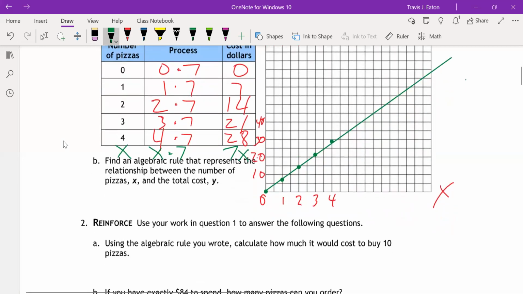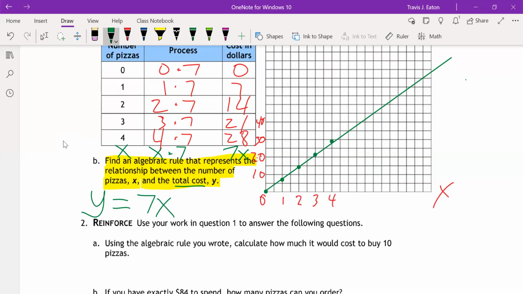So if we want to find an algebraic rule that represents the relationship between the number of pizzas, that's our input, and the total cost, that's our output, our algebraic rule would look something like y, the total cost, is equal to 7 multiplied by the number of pizzas.